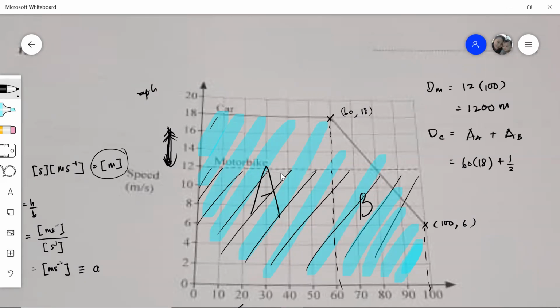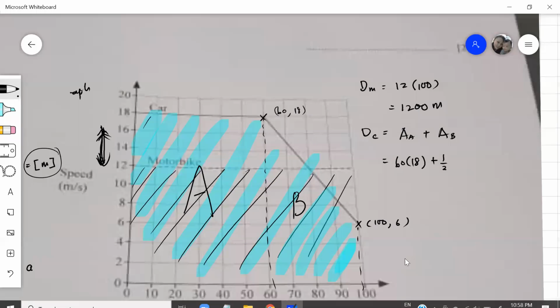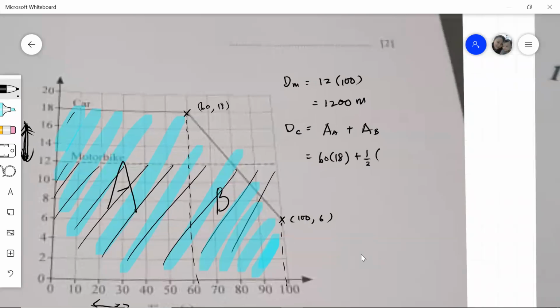So half times the sum of two parallel sides. The sum of the two parallel sides is actually this and this. So the value will be 6 plus 18, times the distance between these two parallel sides, which is 40. Therefore, let's use our calculator and get the value.